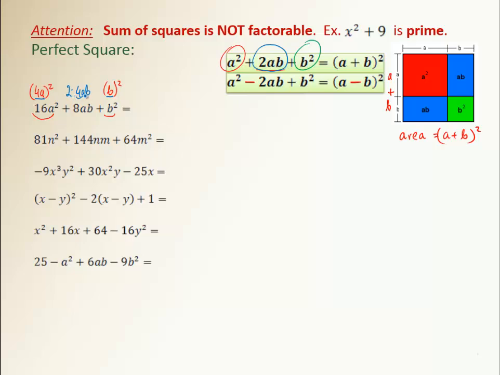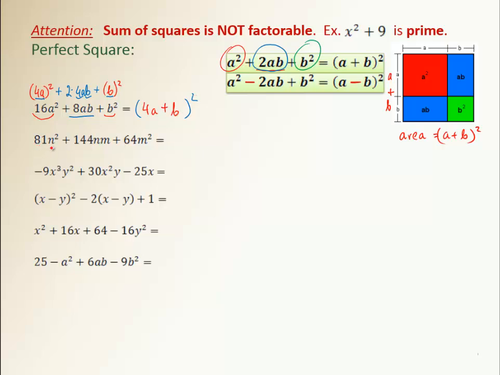So double 4a times b in this case. If the middle term agrees with what you see in your expression, and in this case, yes, it does, it's 8ab, then you factor it as a perfect square and you just copy your terms as you see them, 4a and the same sign as the middle term, plus b. So (4a plus b) squared.